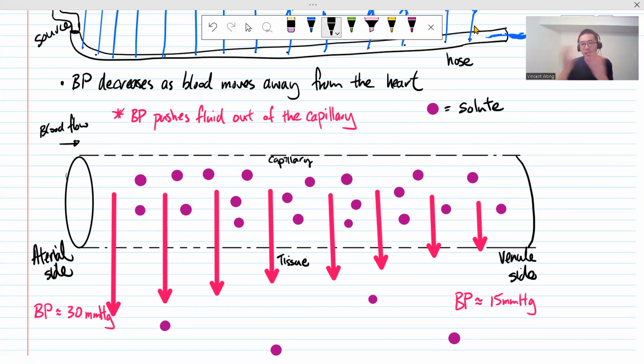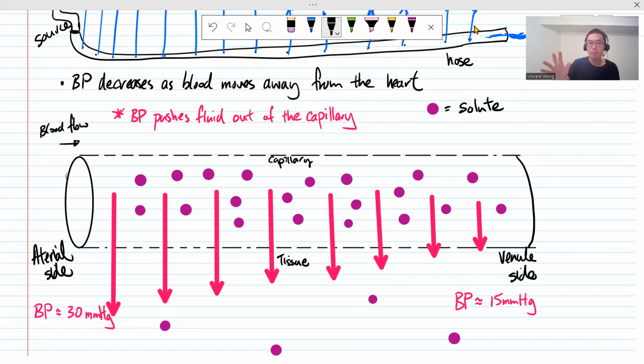The blood cells are too big to come out. You will learn next class that like 45% of your blood is made up of cells. So that's a significant chunk that's remaining in the blood and contributing to the concentration. For that reason, these purple dots are not going to be moving in and out on their own.